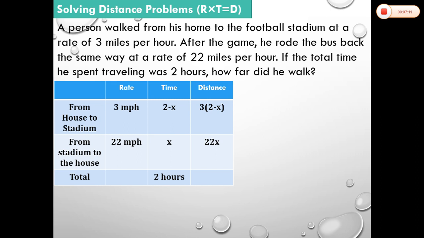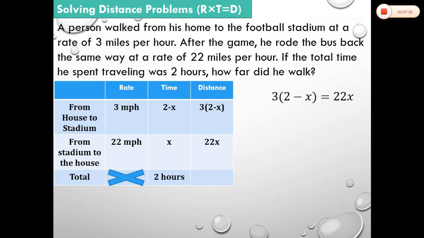The distance traveled from his house to the stadium is the product of the rate and time consumed. Therefore, 3 multiplied by 2 minus x. And from the stadium to the house, the rate is 22 miles per hour multiplied by the time x, that will be 22x.